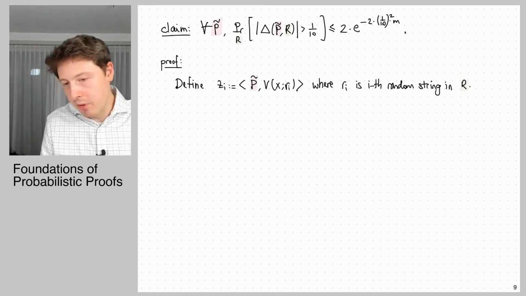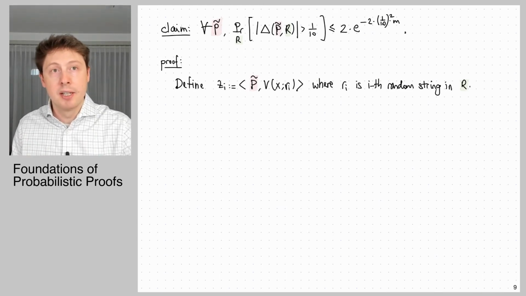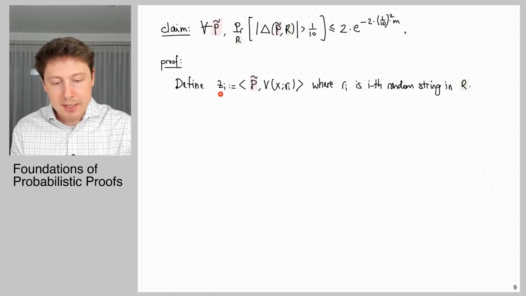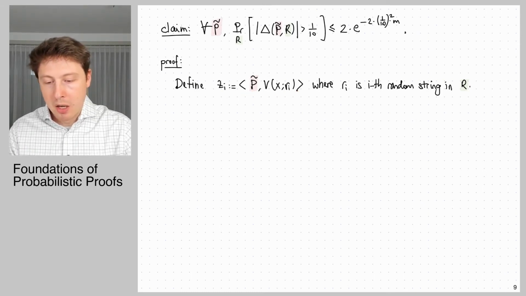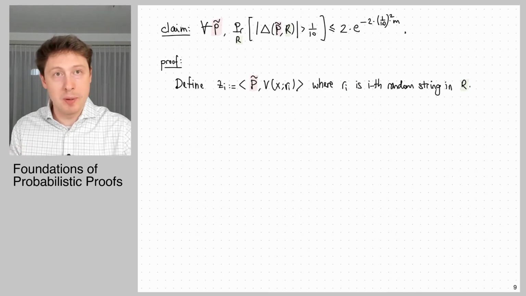And here, this is where the concentration argument is applied, and this is where we need to define the suitable random variables. So we're going to define Zi to be the random variable that you get when you look at the decision bit of V on the ith random string in R. Right now, Ri was a uniform independent randomness in the whole space.